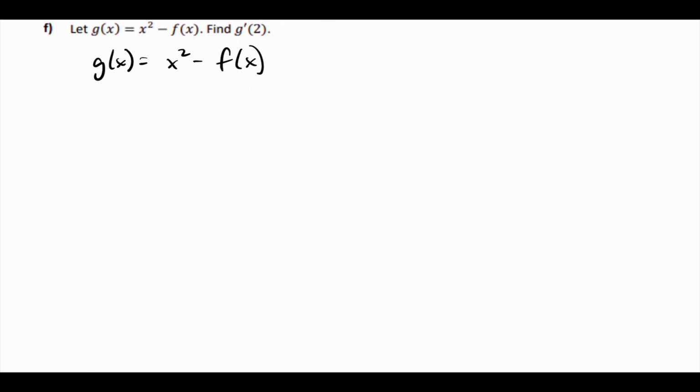G prime means derivative. So let me find the derivative. What's the derivative of x squared? Okay. What's the derivative of f of x? F prime, yeah. And then last step, plug in 2.